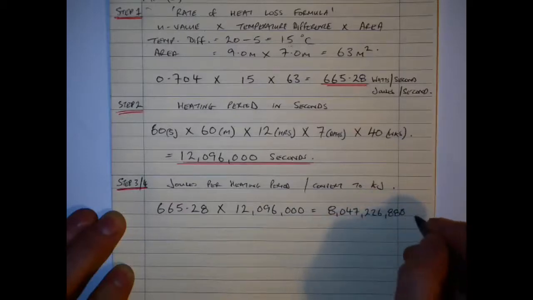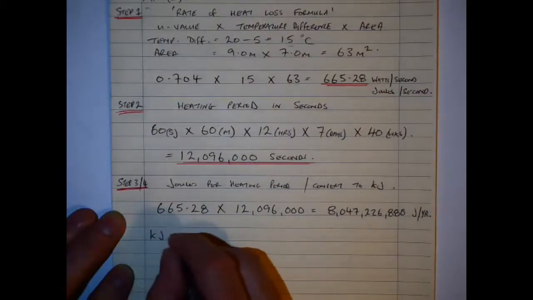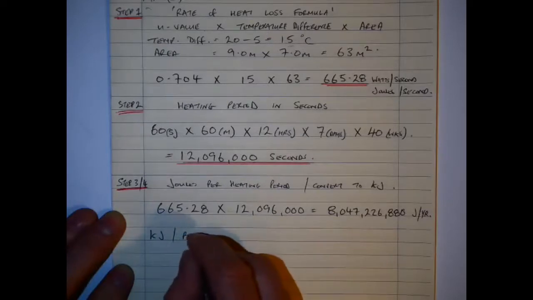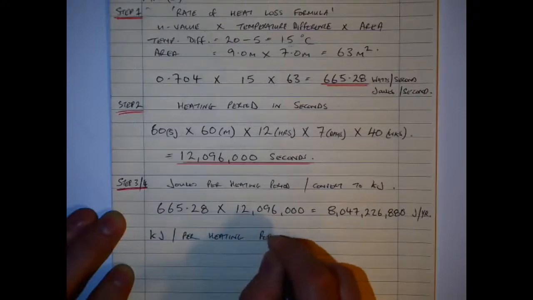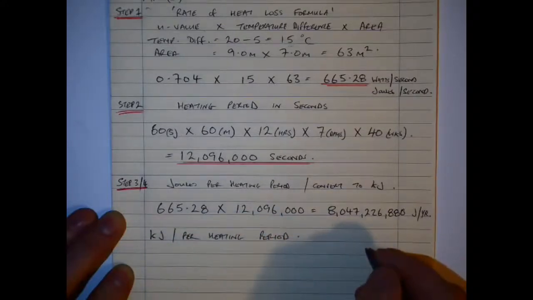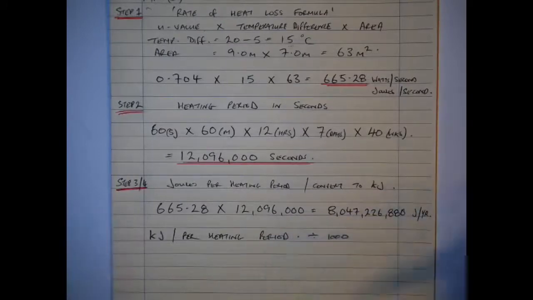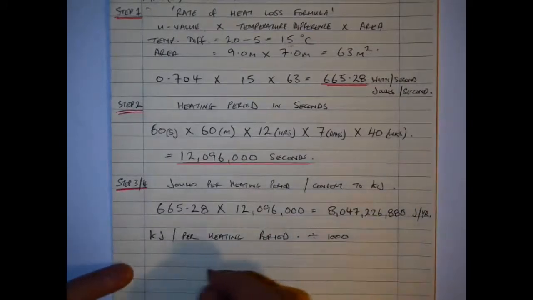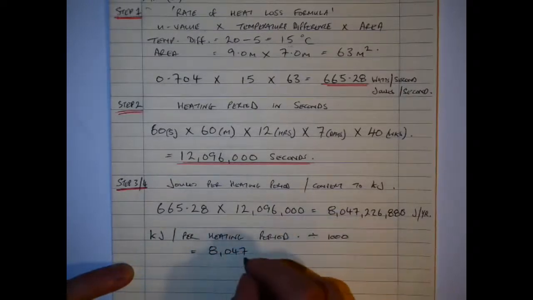Because it's divided into steps 3 and 4, that's the first part. The second part is where we change it from joules into kilojoules, just by dividing by 1,000, or moving our decimal place by 3. It's going to give us 8,047,226.88.